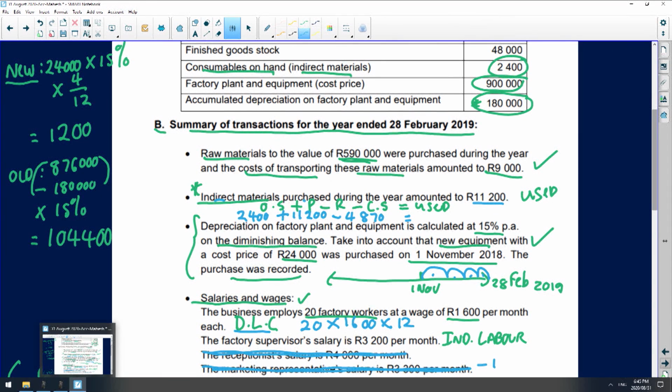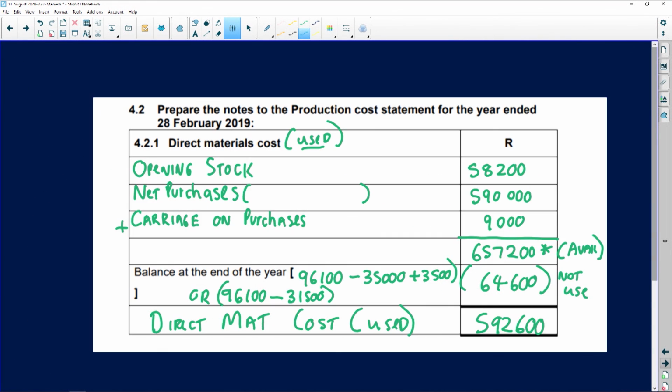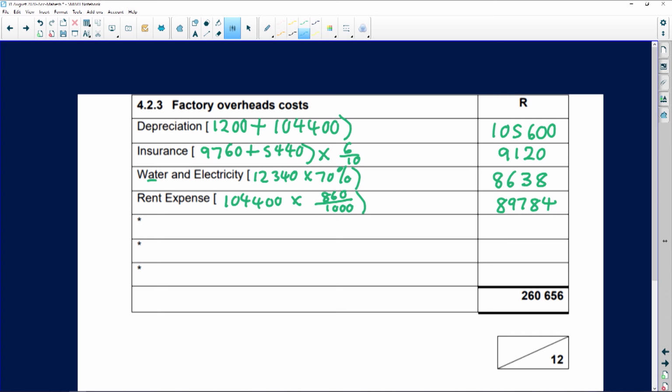Okay, so I just want to write this in my answer sheet. I know I'm repeating myself, but guys, these calculations are so important. So indirect materials, in brackets, I'm just showing my calculation here: opening balance plus purchases minus closing balance.